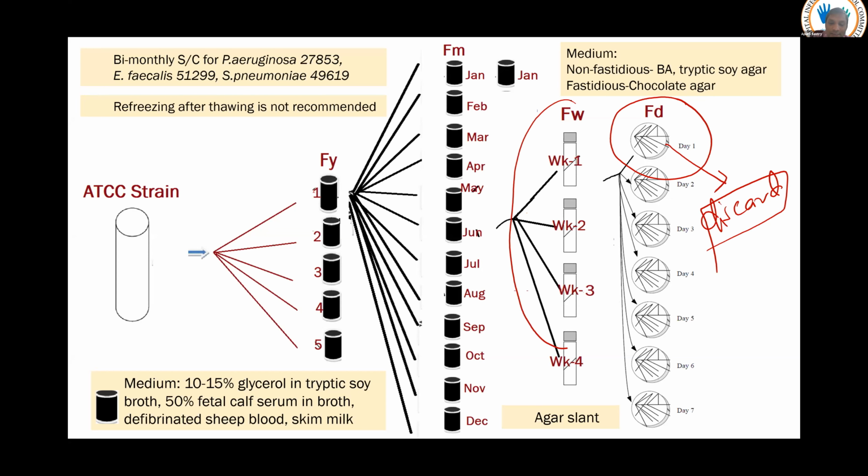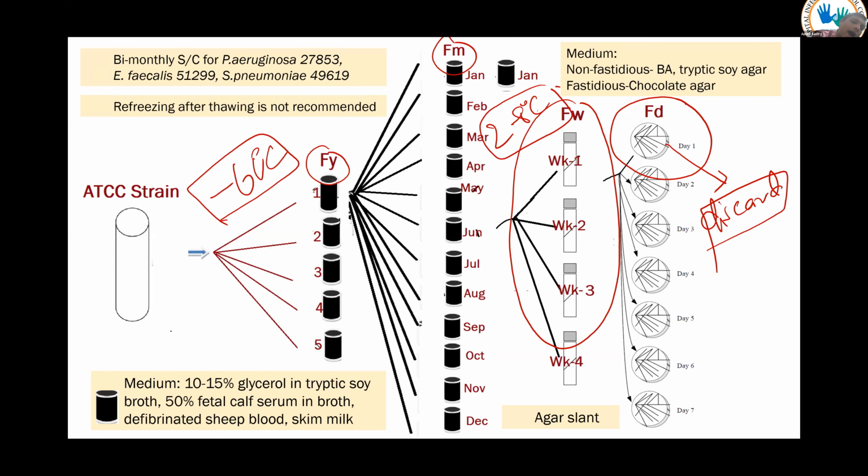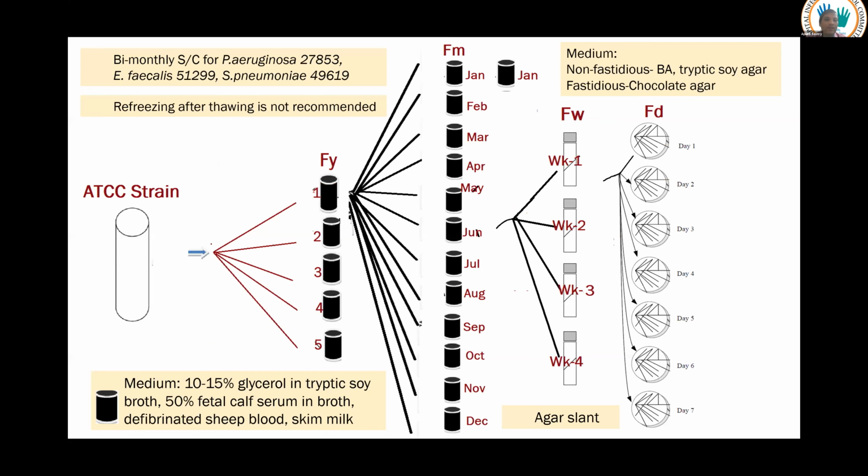Weekly subculture vials, as I told you, you have to keep at 2 to 8 degree centigrade, and the monthly and yearly subculture vials need to be kept at minus 60 degrees centigrade. If you don't have minus 60, then minus 20 you can keep, but minus 60 is preferable. Remember a very important point, the last point I have mentioned here: refreezing after thawing is strictly not recommended.